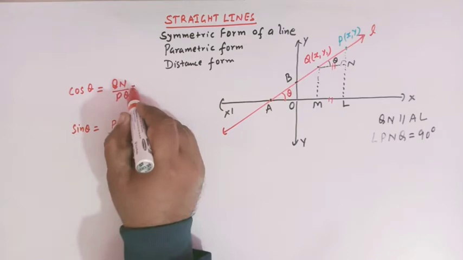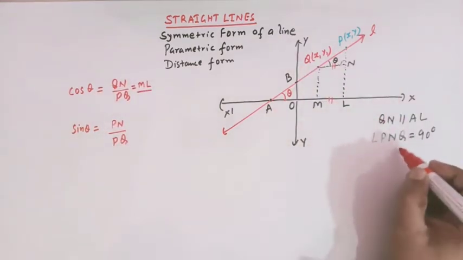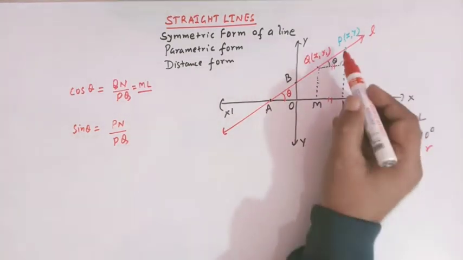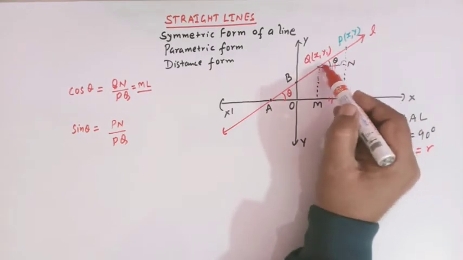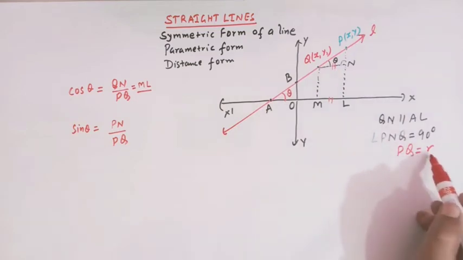Now we have to find the value of QN, and QN is equal to ML. We can take PQ as some parameter r, so in this triangle the length of the hypotenuse PQ is taken as r.